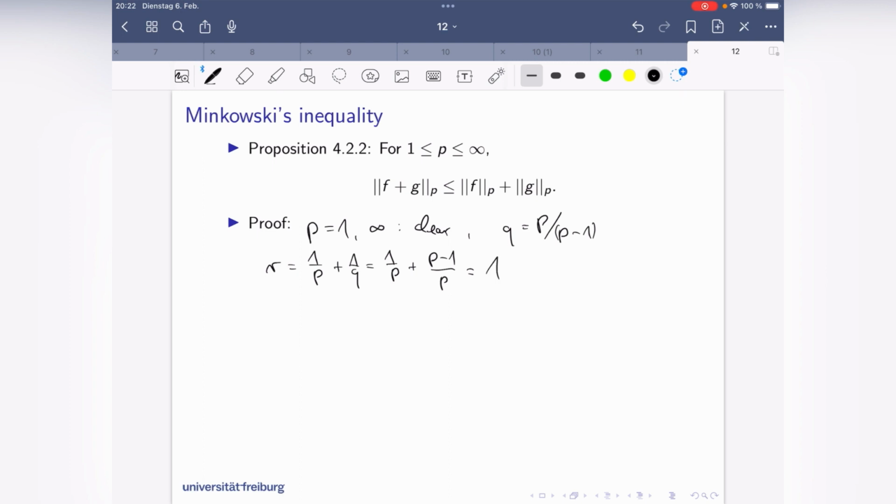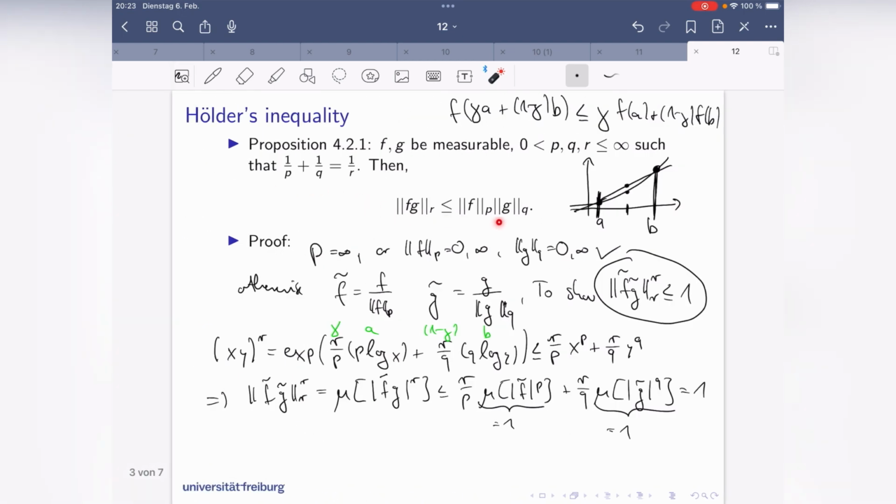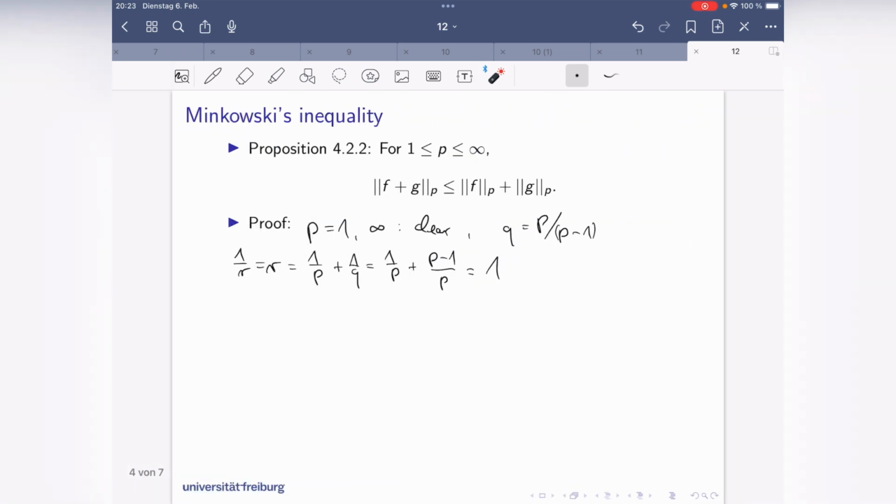So r is 1. And apparently, this then is of course also 1 over r if r is 1. So we have 1 over r is 1 over p plus 1 over q, which means we can use Hölder's inequality here for this r and p and q.